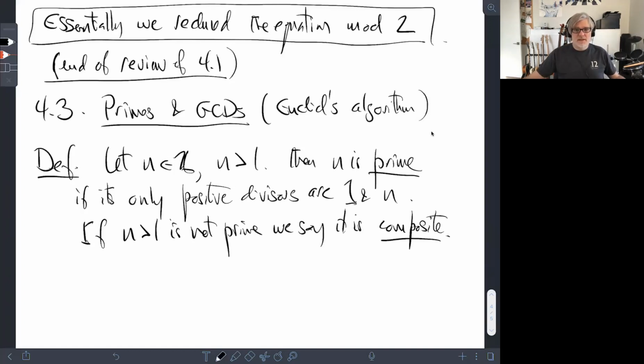Okay, so that means it has some positive divisor, which is neither 1 nor n. So that means it has at least 2 of them, right? So let me put that as a remark.